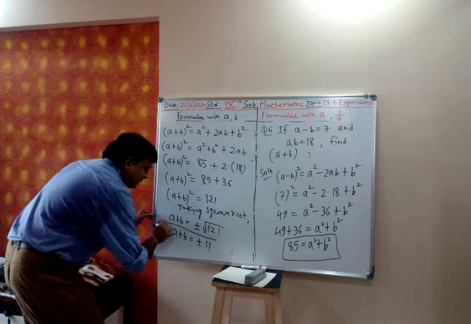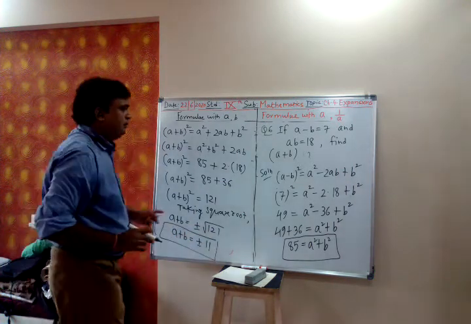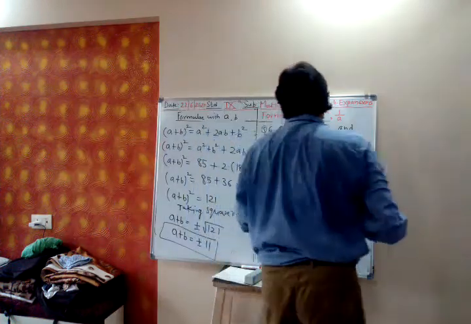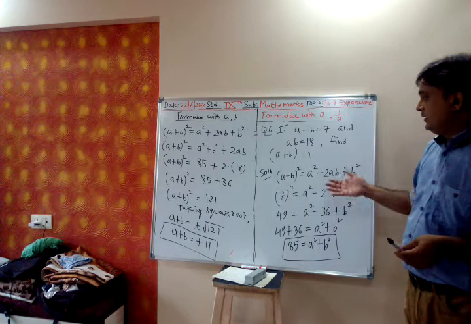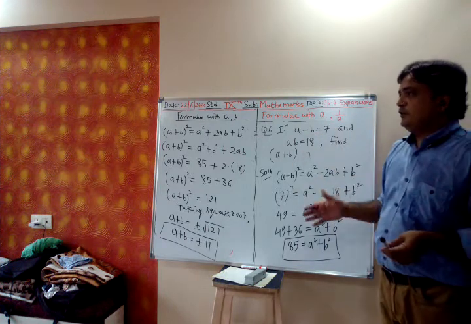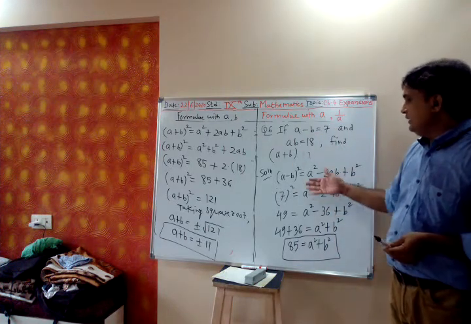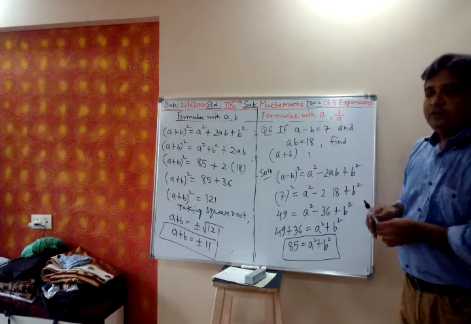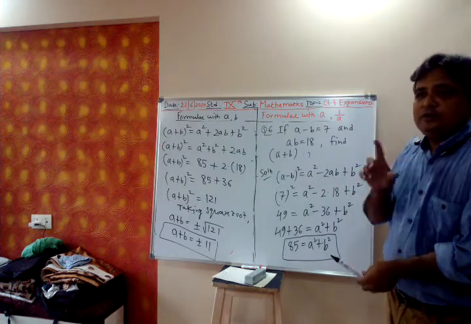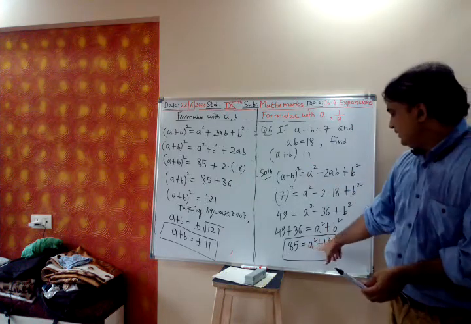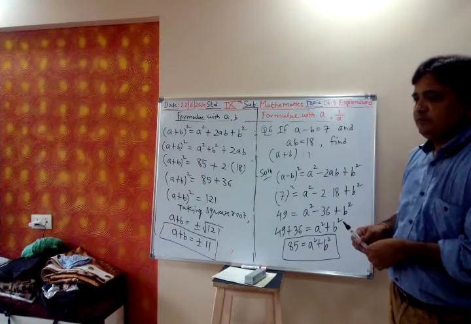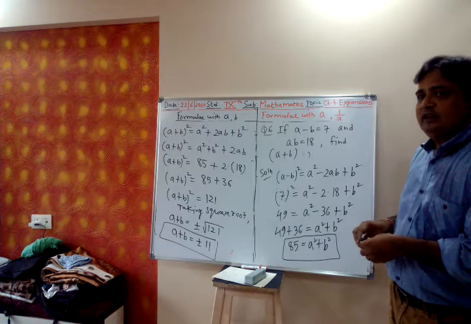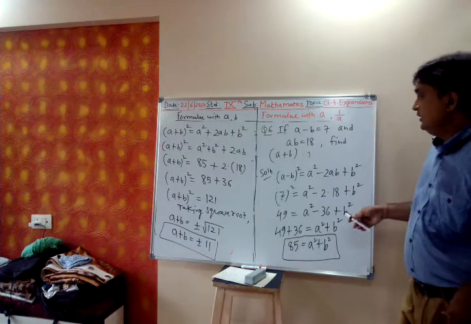This is the answer. But if you use the formula used in 5, we get the direct answer. If you don't use that formula, first you have to find a square plus b square, then a plus b whole square, and then a plus b. So remembering that direct formula helps us.